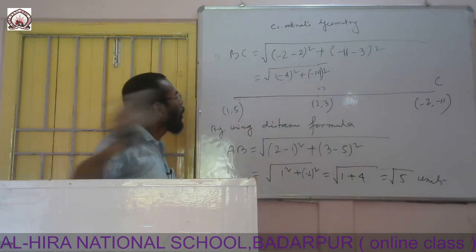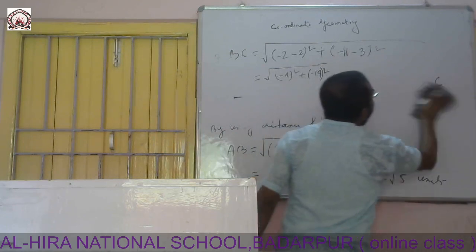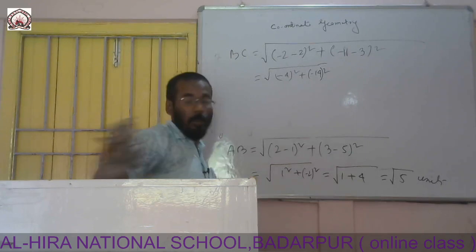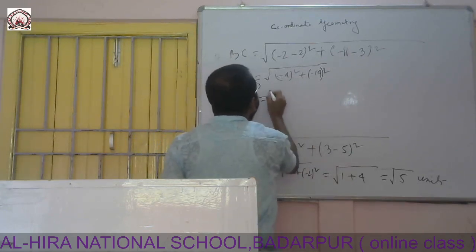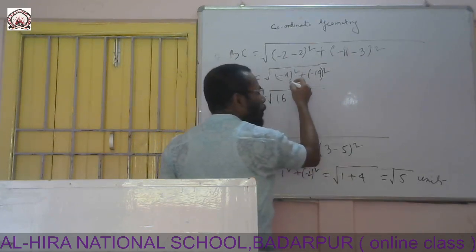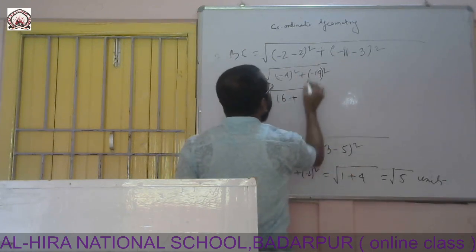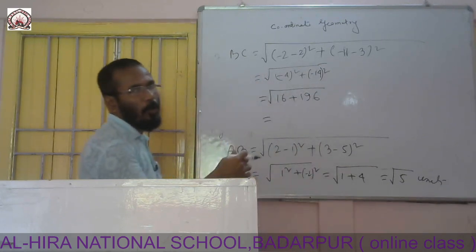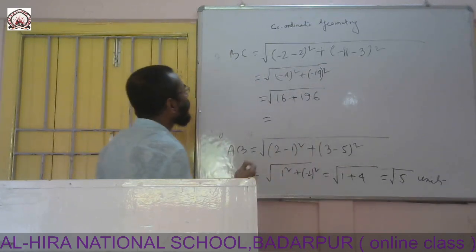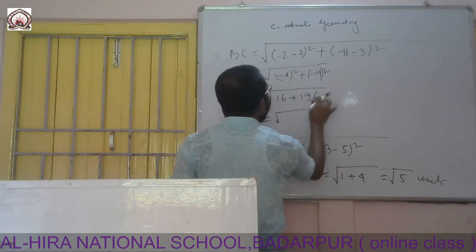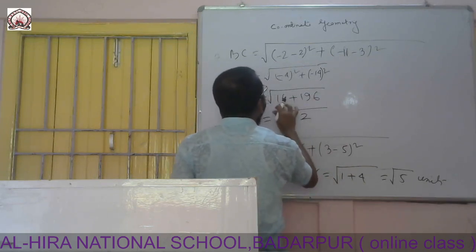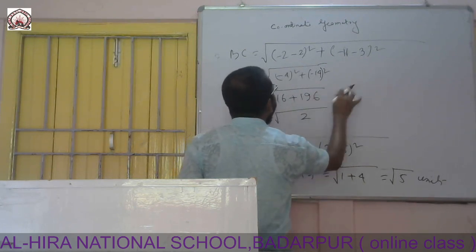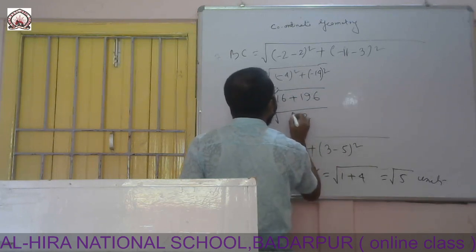Now minus 4 whole square is 16, minus square is positive, and minus 14 whole square is 14 into 14, which is 196. Then we add 16 and 196, and we get 212.